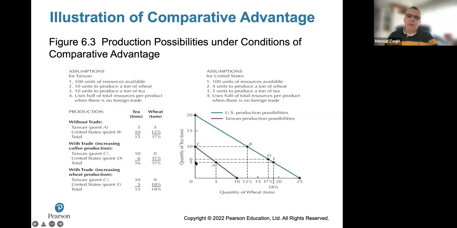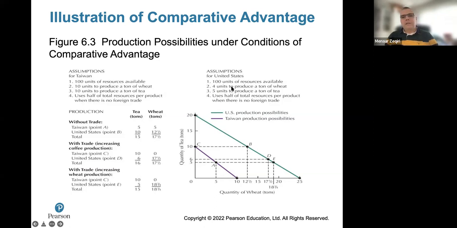So they would give up on wheat, and they would focus mainly on producing tea and not produce any wheat at all. However, the United States could produce the remaining 5 tons of tea by using 25 of its units, because we said they will need 5 units to produce a ton of tea, and they could use the remaining 75 units to produce 18.75 tons of wheat, which is why we have it at the point E here.